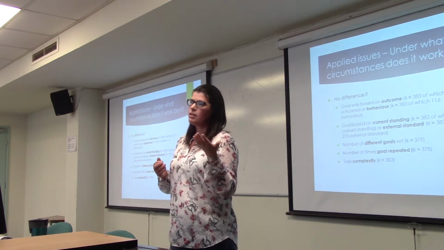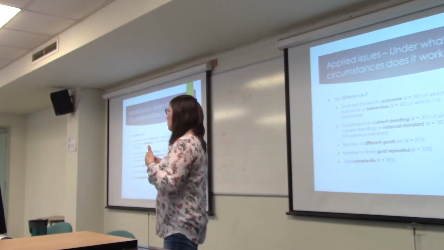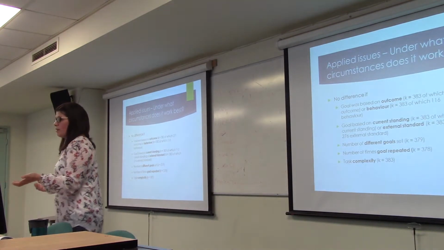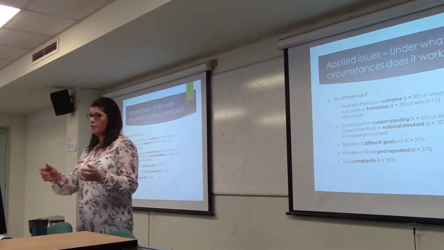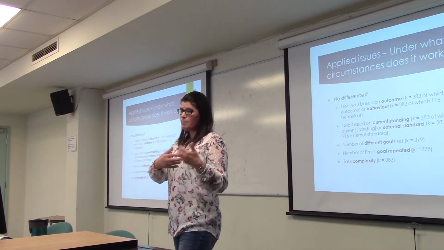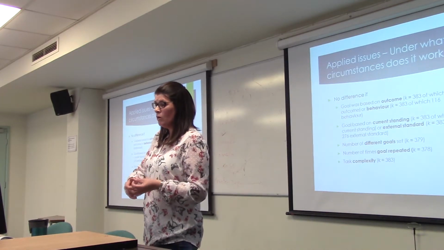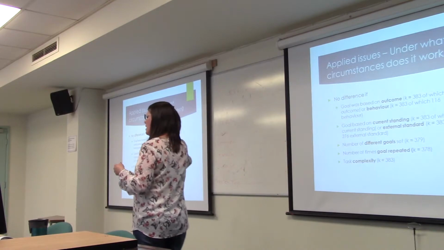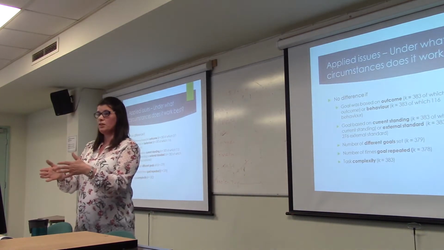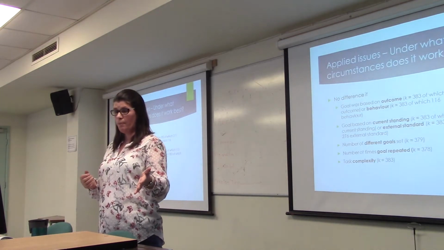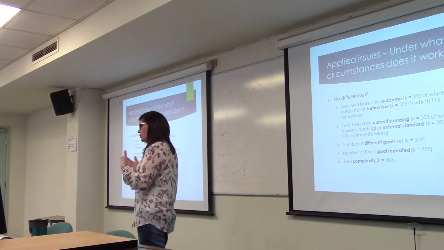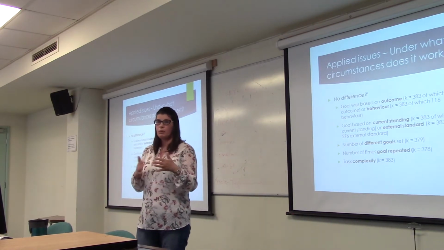So did somebody say things like, well, eat 2 more portions of fruit and vegetables a day? So if somebody who ate 5, they would have to eat 7. Somebody who ate 2, they would have to eat 4 portions. So that's based on your current standing. Or, did it make a difference if it was an external standard? So that would be just like saying, everybody eat 5 portions a day, regardless of where you are now. And we found no difference. It didn't matter which one of those you used. They both were equally as effective.